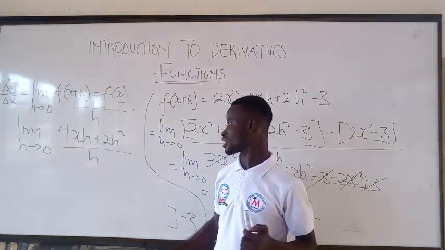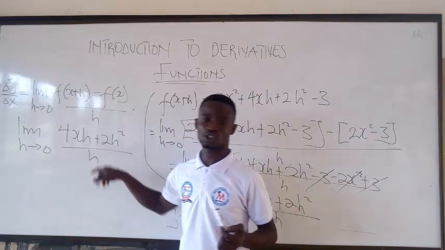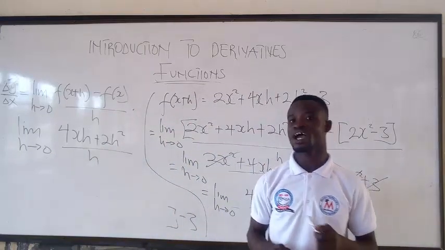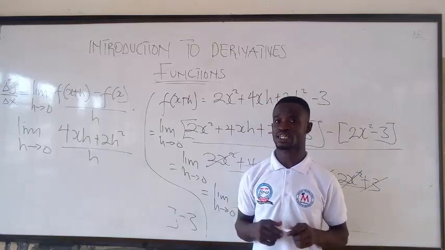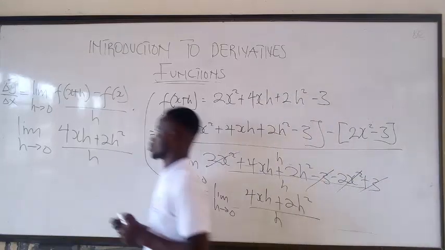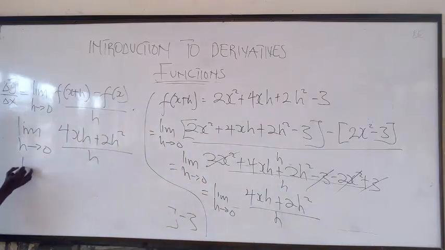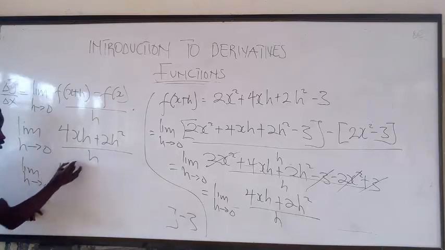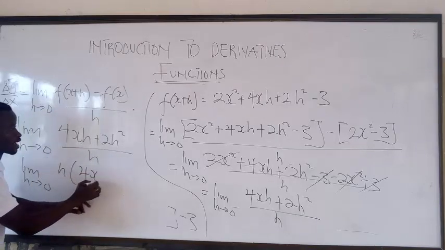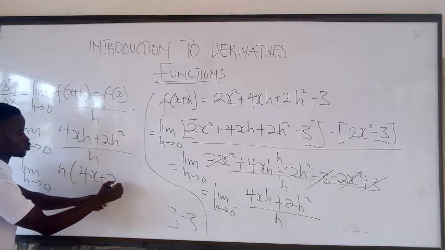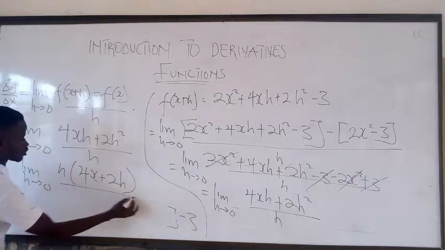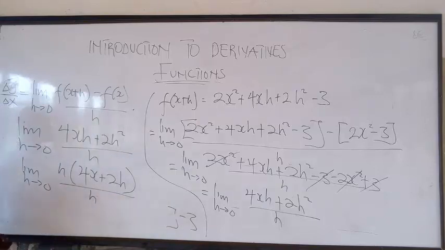The reason is that if you try to do the substitution without simplifying into this, you are going to get 0 by 0, which is indeterminate. So, the limit as h approaching 0, factor h out, you get 4x plus 2h, all these over h.